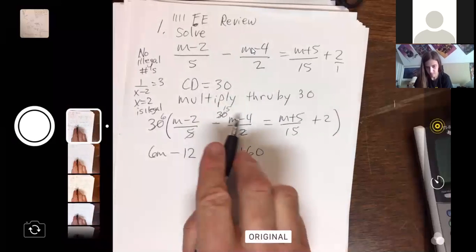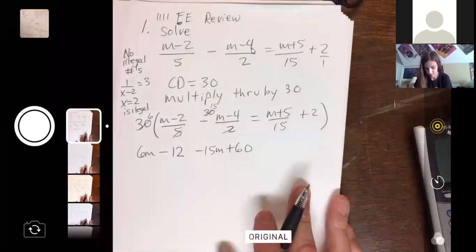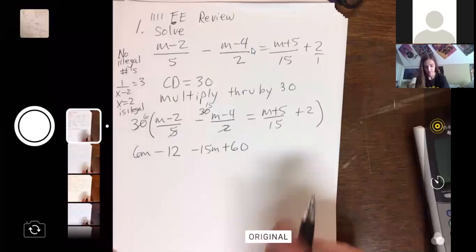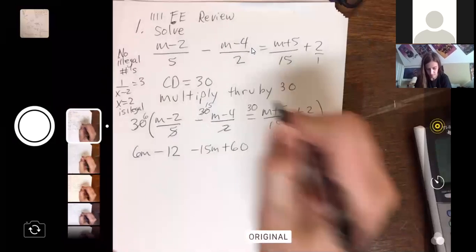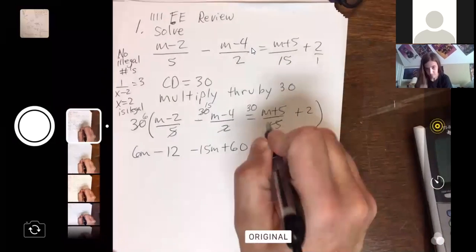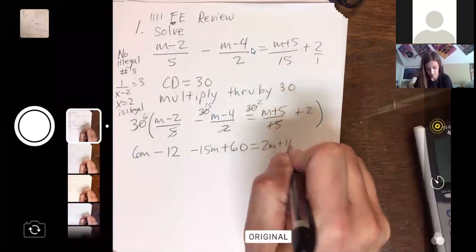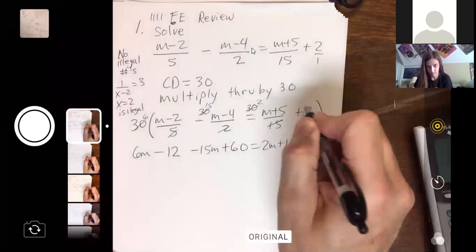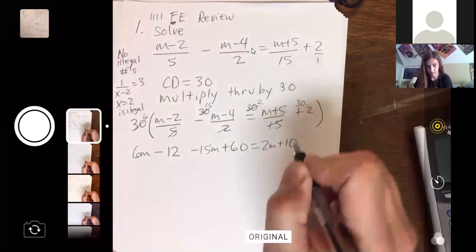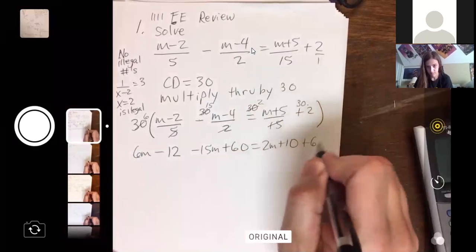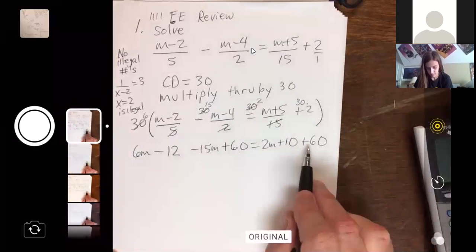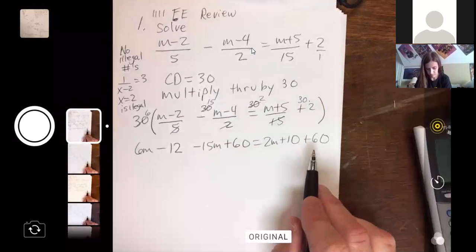Negative 15 times negative 4 is positive 60. You really got to watch your signs. Put a 30 here, 15 into it will leave a 2. That'll be 2m plus 10. And don't forget to put a 30 at the end. 30 times 2 is 60. So there's the equivalent equation, no fractions.